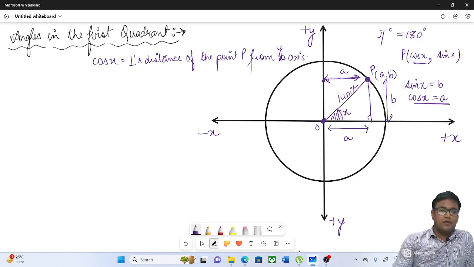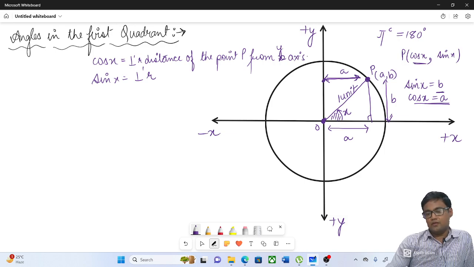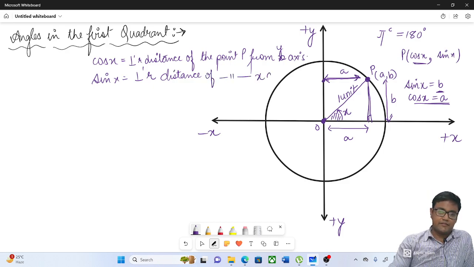And what is sin x, children? Sin x is the perpendicular distance. You can see the value of sine is b, the value of sin x is b here, and what is b, children? Perpendicular distance of the point P from the x axis.